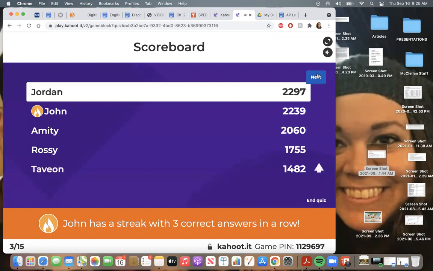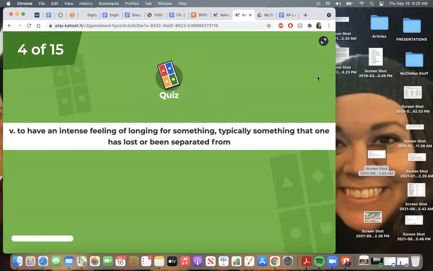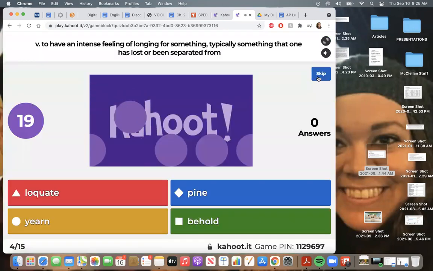Nice. John's on a streak. John streaking in the town square. Let's hope not. To have an intense feeling of longing for something, typically something that one has lost or been separated from. Loquate, pine, yearn, or behold.